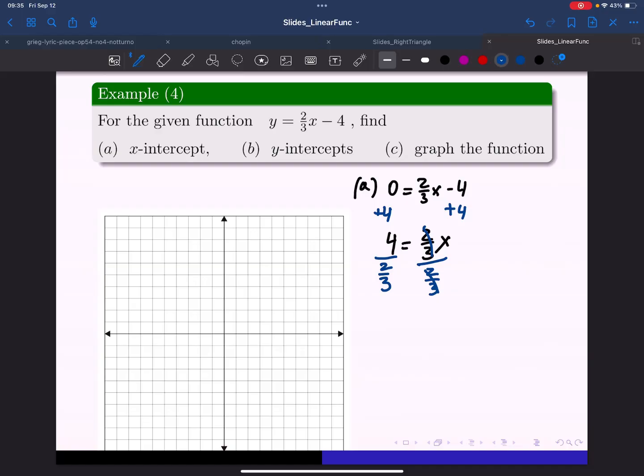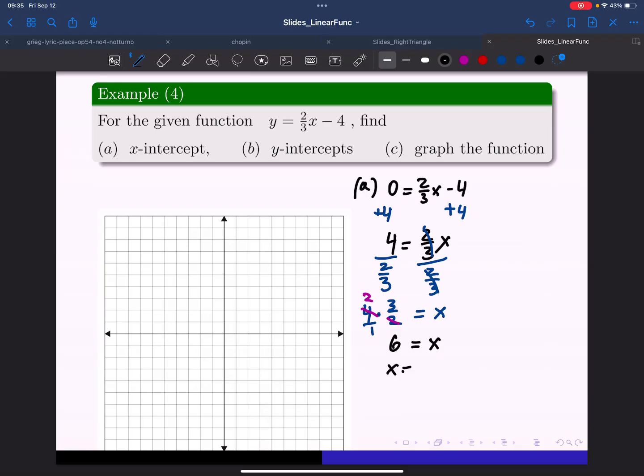So x is equal to 4 times, and we flip the fraction, 3 over 2. We can reduce 4 and 2 to 2, because 4 is like 4 over 1. So I am left with 2 times 3, which is 6.